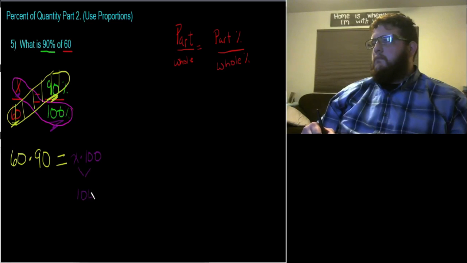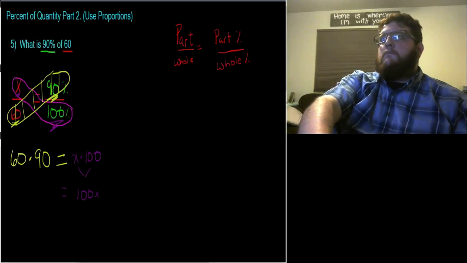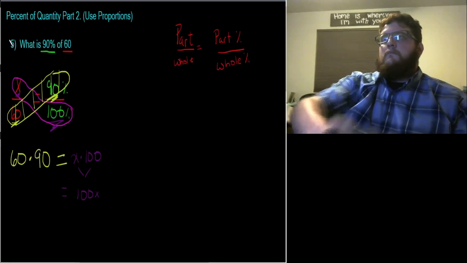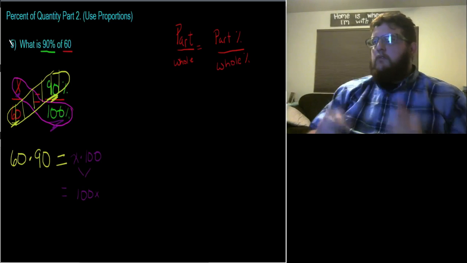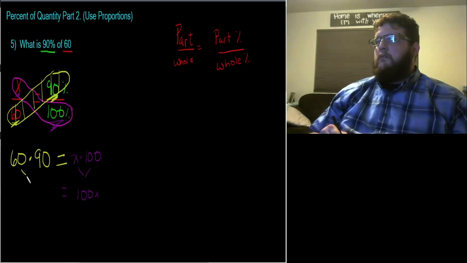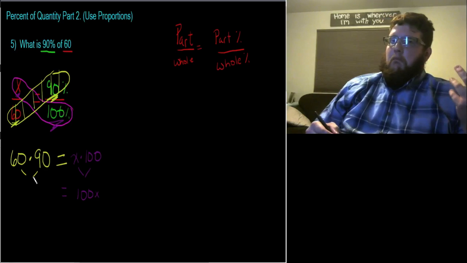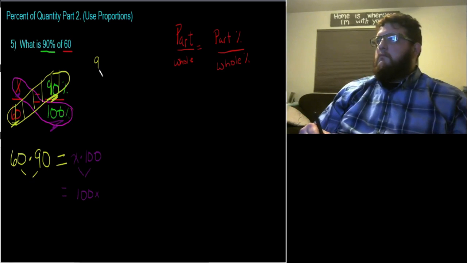X times 100 is 100x. We'll set that equal to 60 times 90. And I don't know that off the top of my head, but I can figure it out. 5,400.